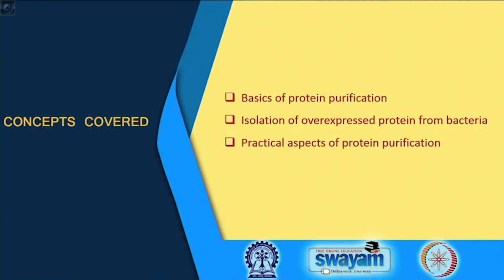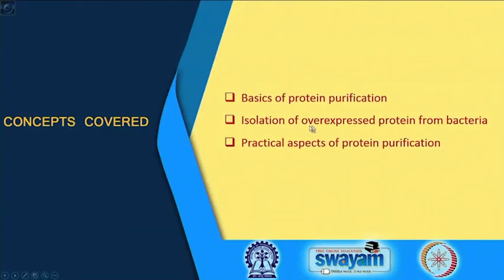What I will cover is the basics of protein purification, isolation of overexpressed proteins from bacteria, and practical aspects of protein purification. Protein can be isolated from various sources such as animal tissue or some microorganism, but in today's science what we mostly do is use recombinant DNA technology to express our protein of interest in a bacterial system.